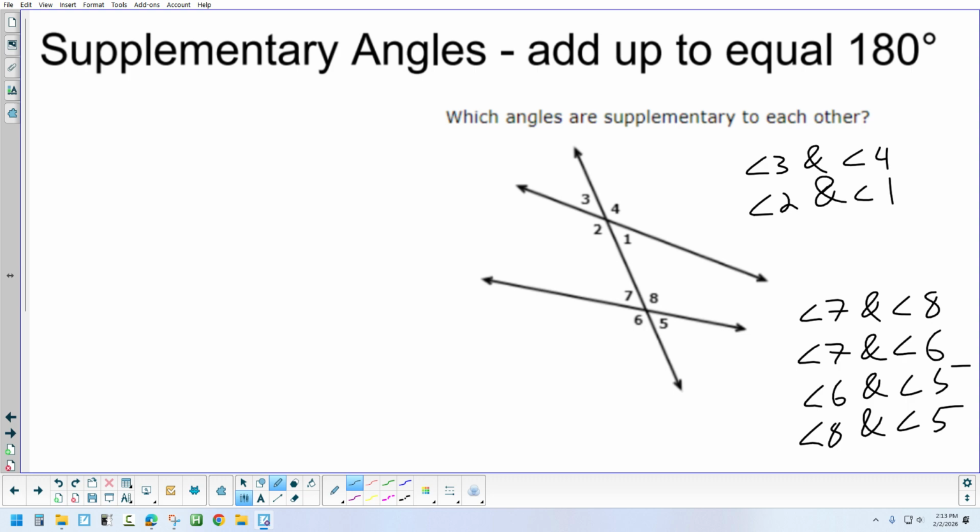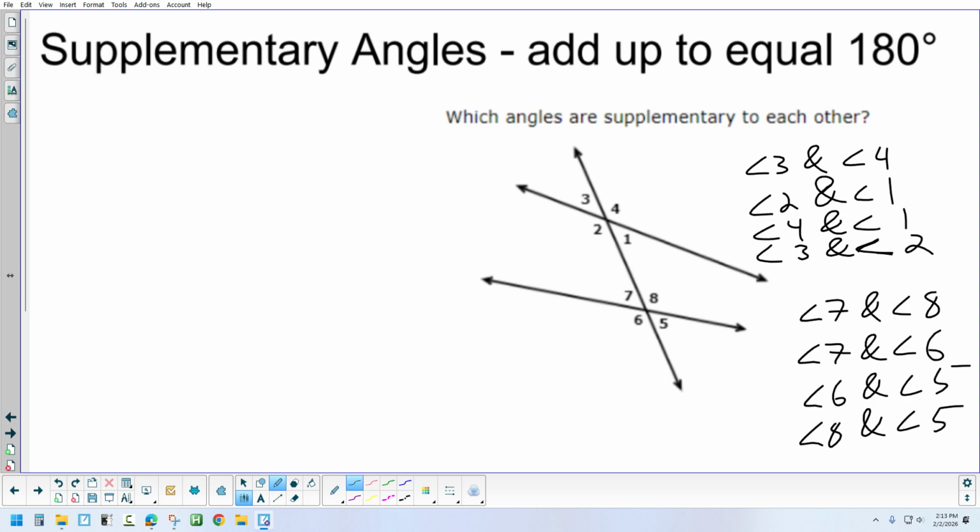Oh, 4 and 1. Yep, if you put 4 and 1 together, they make a straight line. And can anybody give me the last pair in the top that make a straight line? 3 and 2. Yep. So those are all the answers for that one. So eight different answers. All right. So that is supplementary.